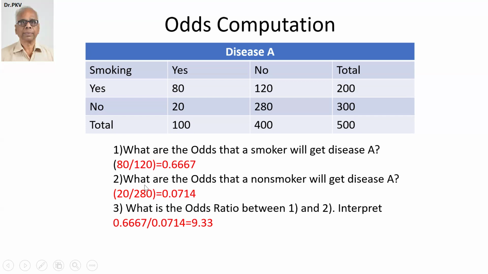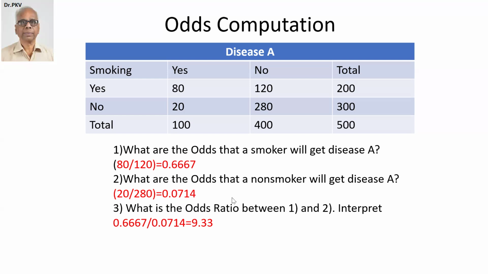The second one, likewise, what are the odds that a non-smoker will get disease A, is 20 divided by 280. This is 0.0714. And the third one, the ratio between these two is 0.6667 divided by 0.0714, which is equal to 9.33, rounded to 2 decimal places.